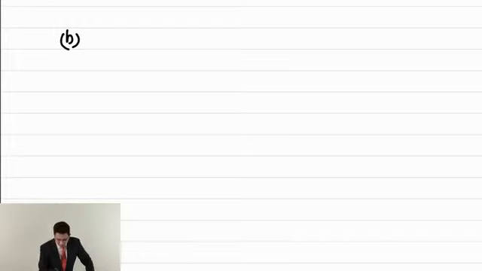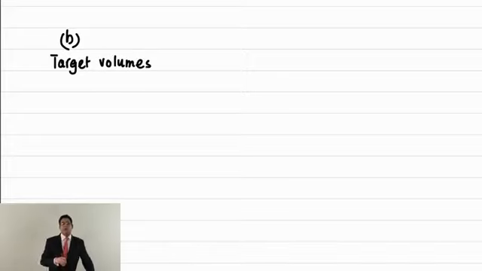Examiner has asked us to calculate target volumes, target volumes to earn a profit of 250,000. Now the formula of the target volume is very much similar to break even.